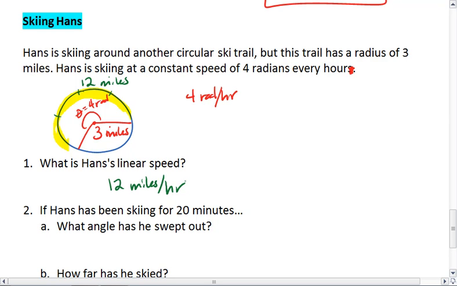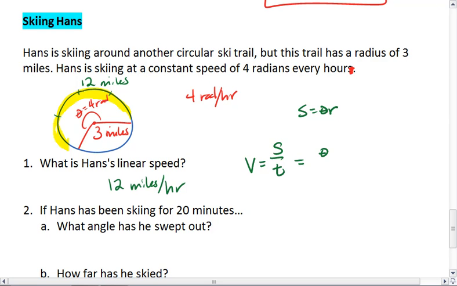Another equation that might be useful to have is that velocity will actually be angular speed times the radius length. Because remember, angular speed is radians per time. But here, let's look at this. Velocity, it makes sense, is arc length over time. However, arc length equals theta times r.